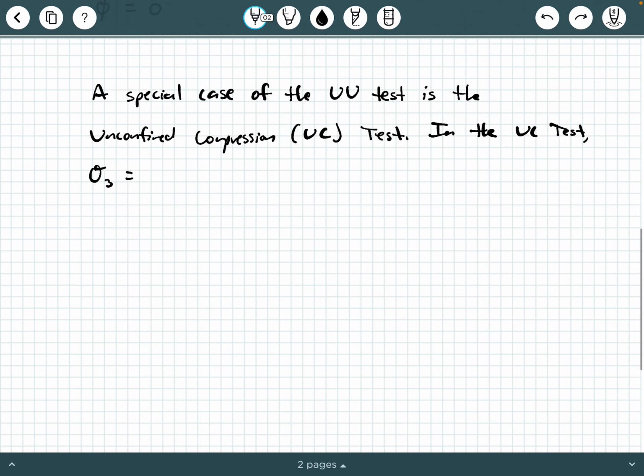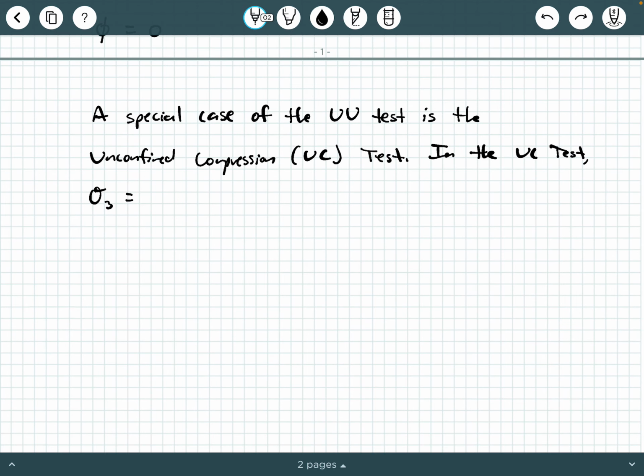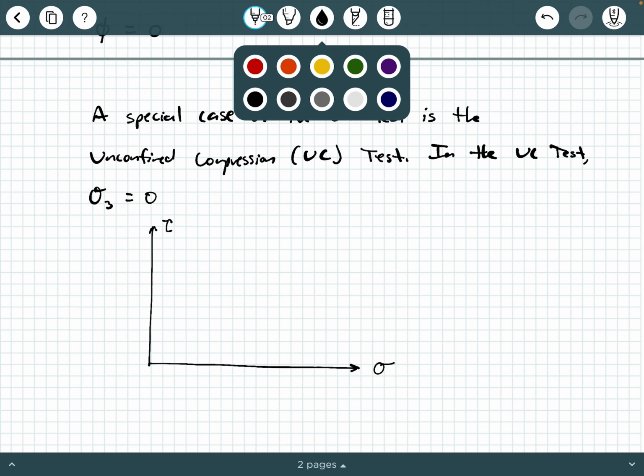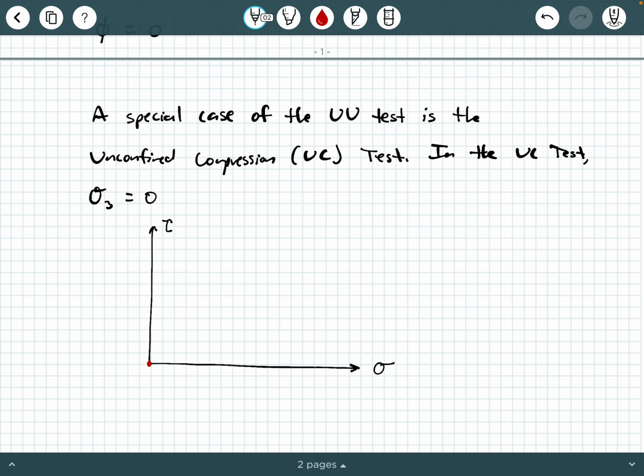So sigma 3 is 0. So in a UC test, the Mohr circle starts at the origin and grows outward to sigma 1. And so, of course, here sigma 3 is 0. Okay? Now, where have we seen this before?